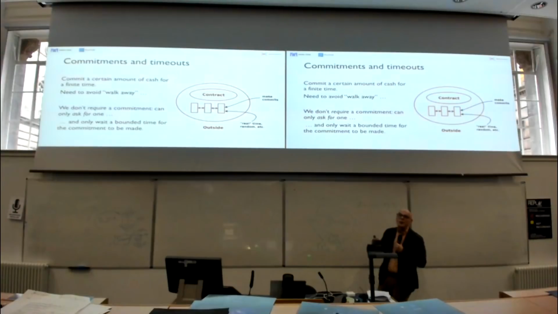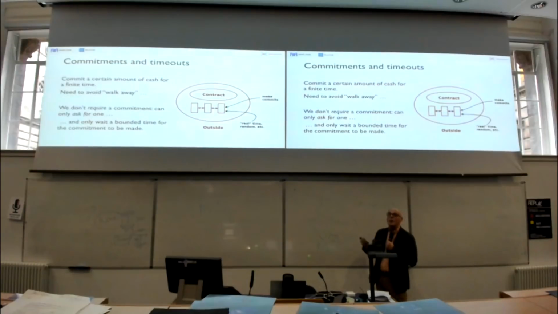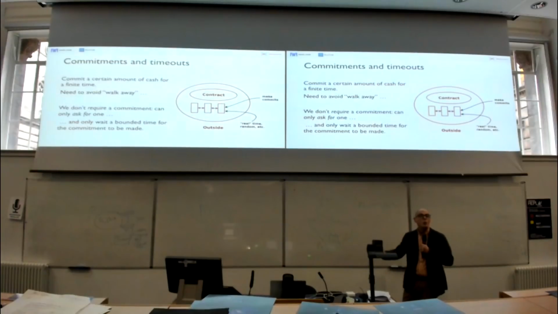Running the contract on the blockchain doesn't make anything happen off the blockchain. What it does do is allow things to happen. So it's permissive. Instead of making a payment, what the contract will do is allow you to claim the payment.